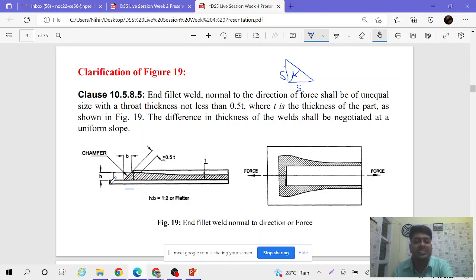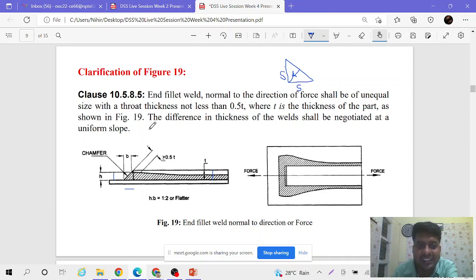After that, when you provide it like this, you have to ensure that its throat thickness is not less than 0.5 times the thickness of this plate, so it should not be less than 0.5 t. You have to ensure this.